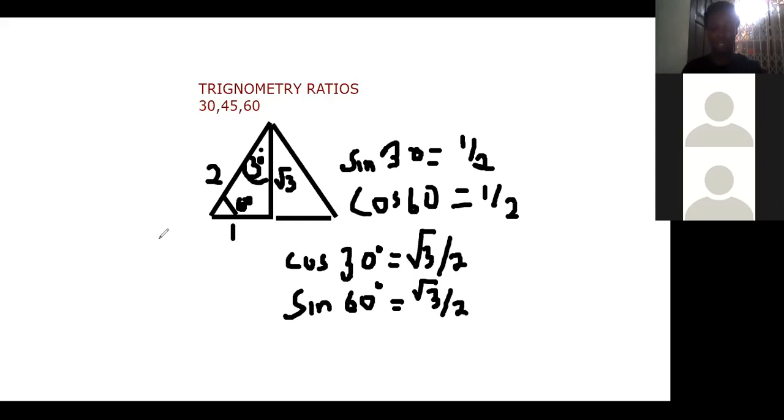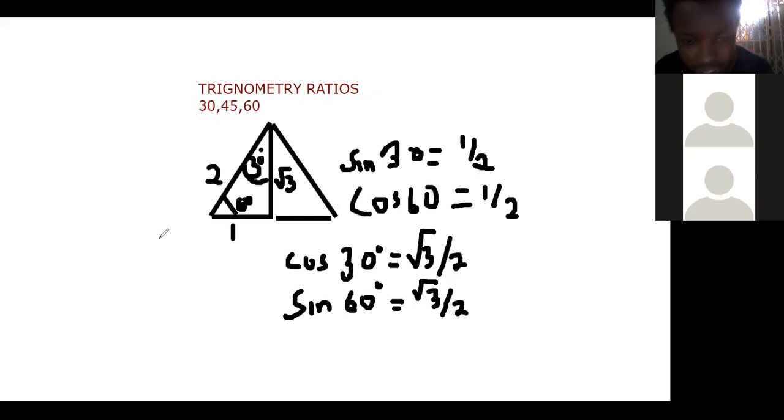No, like the way that the 3 and the 1 and the 2 are written. How did I get to know that 2 all over 1 and root 3? Where the 30 degrees is, how did you know that it's supposed to be sine 30?